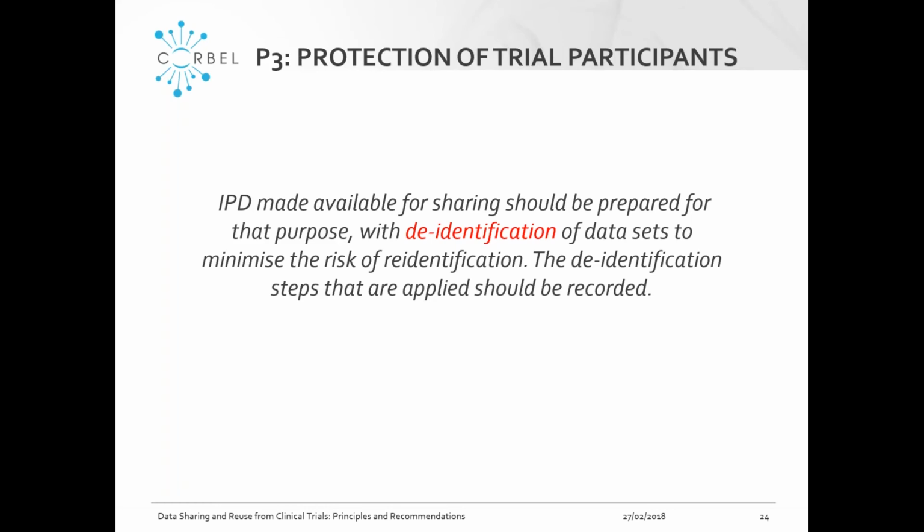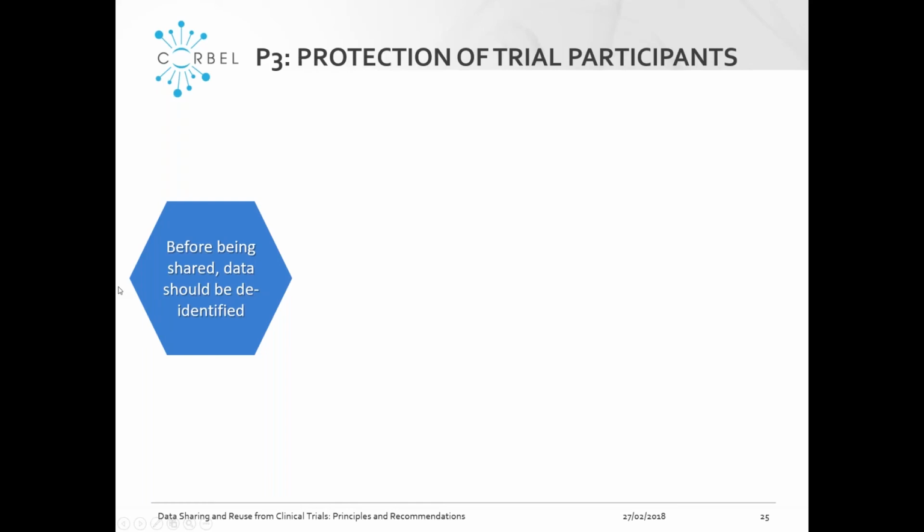So the first one basically says that to protect the privacy of trial participants, it is necessary to de-identify the data before it's shared. That de-identification requirement is the first specific recommendation in this section. Now, the de-identification is independent of whether the data is anonymous or pseudonymous.